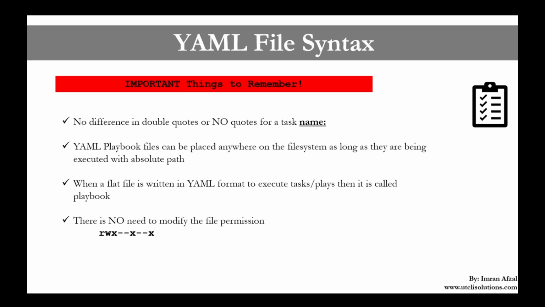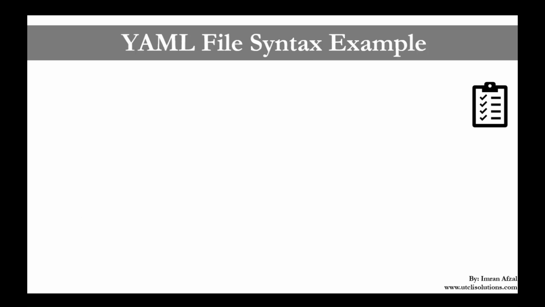So anyway, these were the few important things that you should know and remember before you start creating your playbooks in YAML format. So the very first thing you would do when you log into your Linux system is use a VI or Vim editor, and then you specify the name that you want to choose for the file.